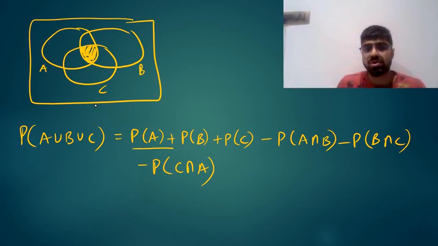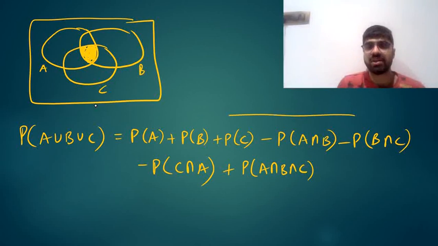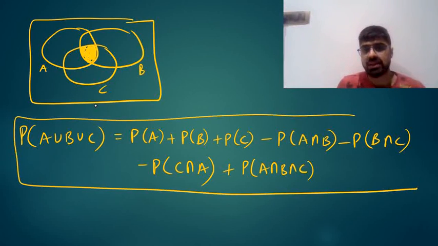You are adding those elements three times. You are subtracting them three times, which means till now you have not counted these A intersection B intersection C elements. If you have still not counted them, then you need to count them by adding a P of A intersection B intersection C. Okay, that's how the formula works for a total of three sets.